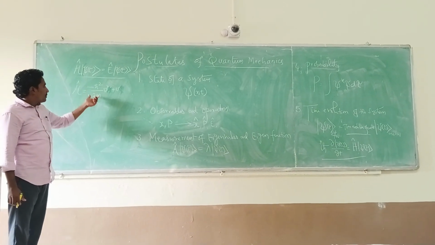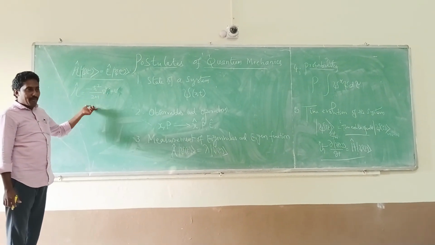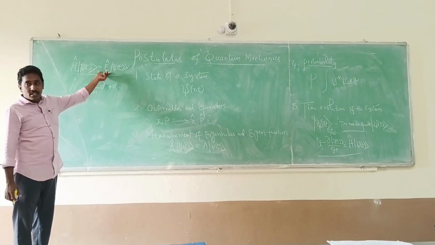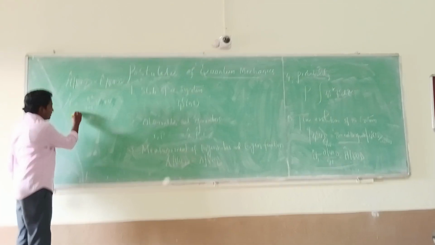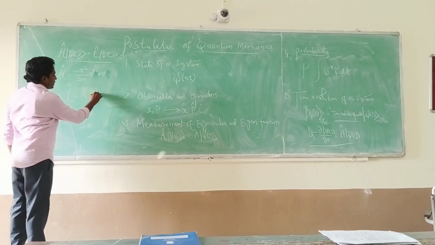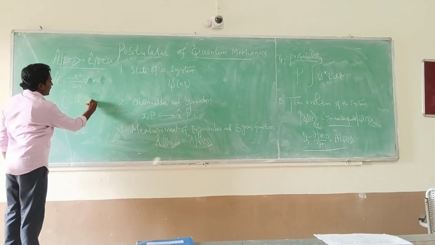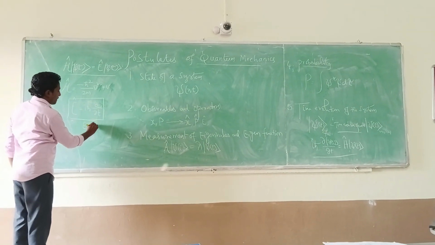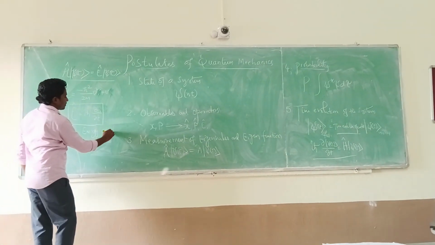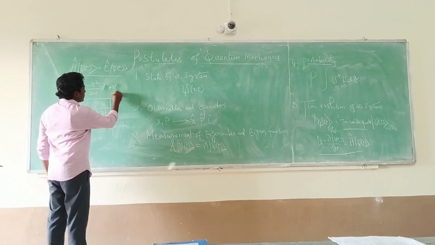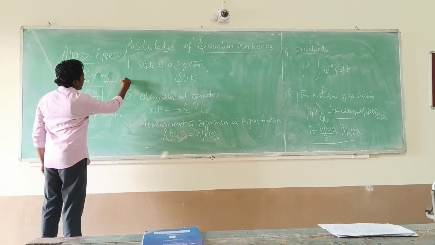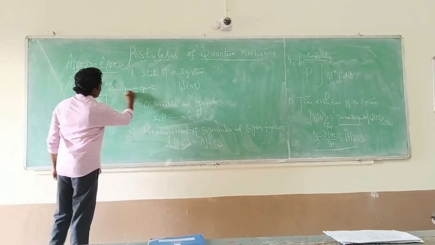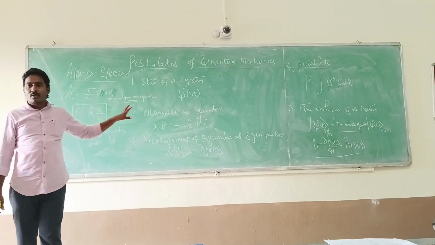When this Hamiltonian operator acts on ψ, it gives the energy eigenvalue E, where the energy operator is represented as iħ ∂/∂t. This is known as the energy operator, and this is known as the Hamiltonian operator. This is about the postulates of quantum mechanics.